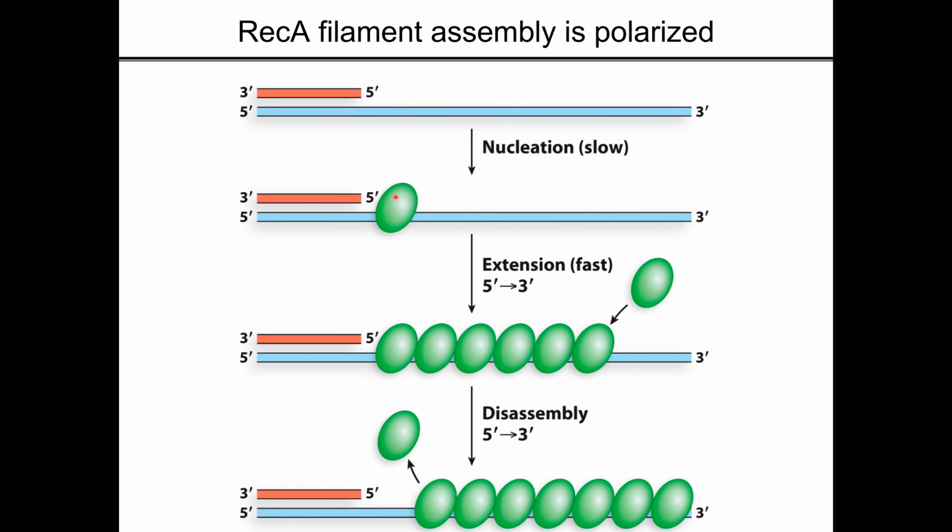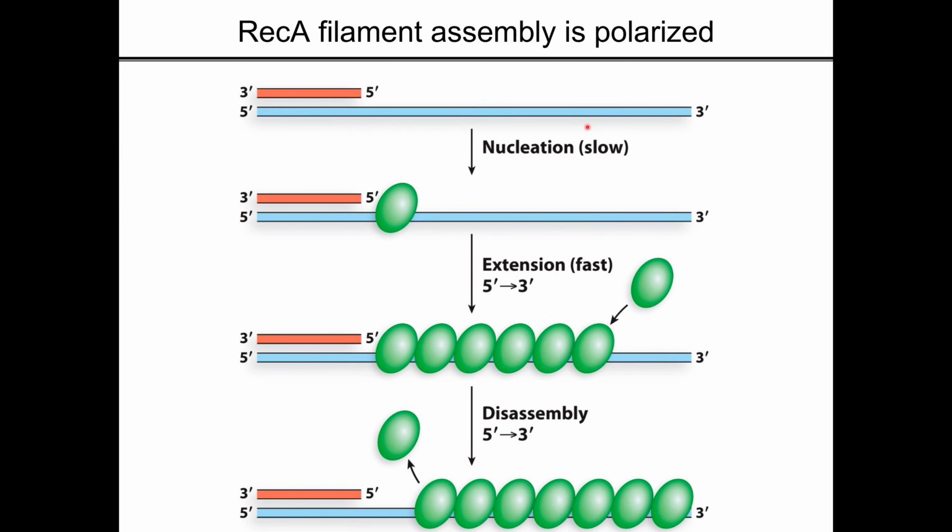And once one molecule binds, then we're going to get rapid extension or oligomerization of additional RecA molecules in the 5' to 3' direction. So we're going to be adding new molecules on to the 3' end of the DNA. Similarly, disassembly is also going to happen in the 5' to 3' direction, so that the last molecule to come off is going to be the one that's at the 3' end.